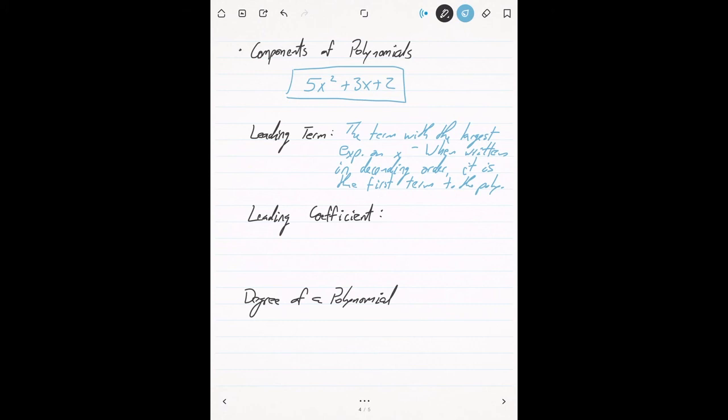So that's why we call it the leading term. So here it is 5x squared.